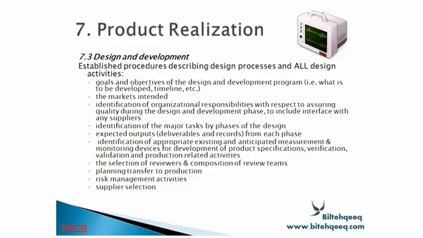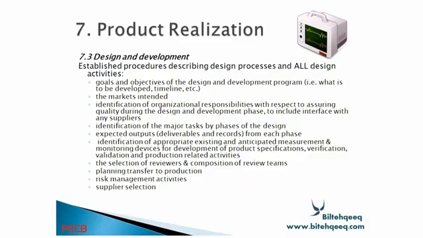And 7.3 is related to design and development, which states established procedures describe design process and all design activities, goals and objectives of the design and development program, what is to be developed, and timeline. The market's intended use, identification of organization responsibility with respect to ensuring quality during the design and development phase, to include interface with any suppliers.